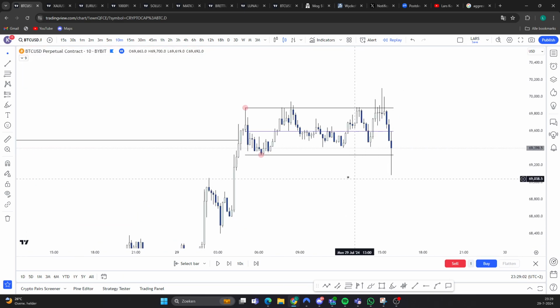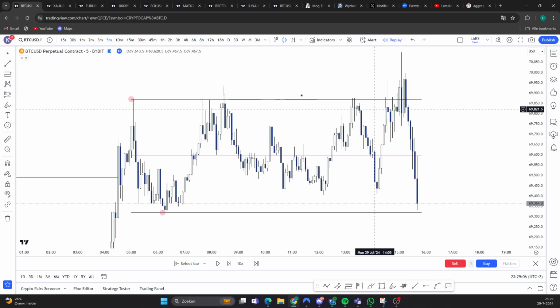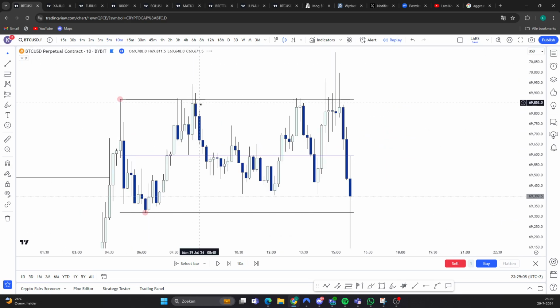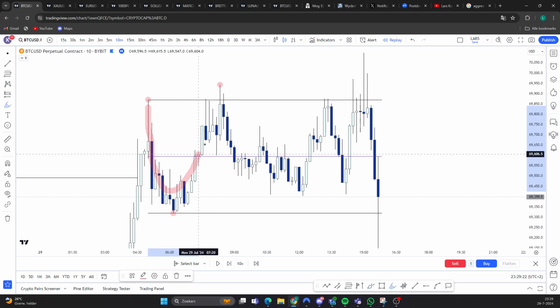Now, zooming in on this local range, what did we have? Well, as we can see right here, if we're on the 10-minute time frame, we got our first range deviation. The reason why this is not your proper first range deviation is because I want my deviation to be a valid market structure pool, meaning this deviation right here, you have the 2 candles up, the 2 candles down, meaning it's an actual move.